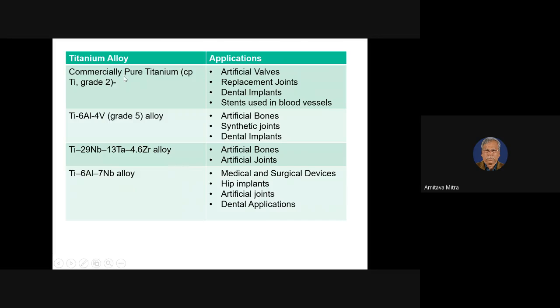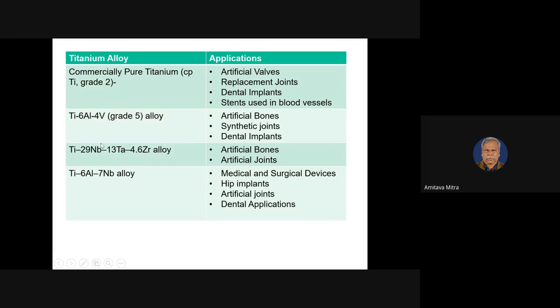Commercially pure titanium is used for artificial valves, replacement of joints, dental implants, and stents used in blood vessels. This material in its normal state was also used for these applications, but with the application of nanostructuring, the strength of this material increases manyfold. Similarly, titanium, aluminum, vanadium is used for artificial bones, synthetic joints, and dental implants.